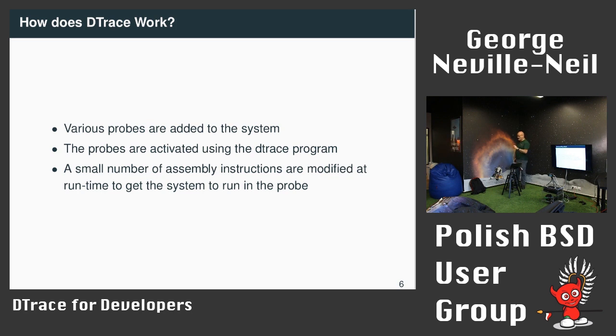Now, when DTrace is activated, for instance, if you're looking at a function entry point, it replaces the entry point with a jump instruction to somewhere else in the code, basically a jump to the probe code.